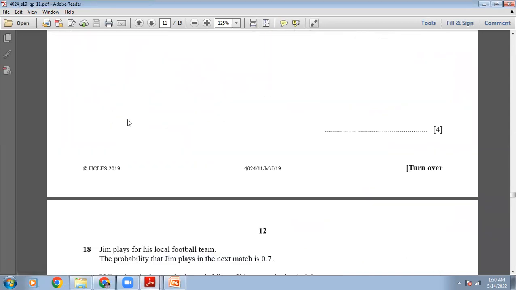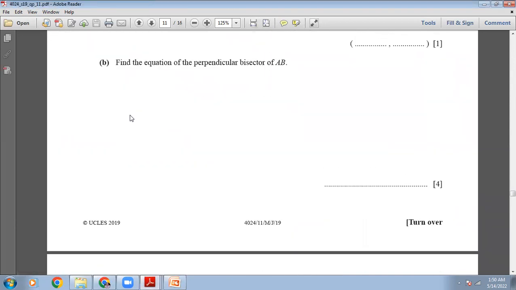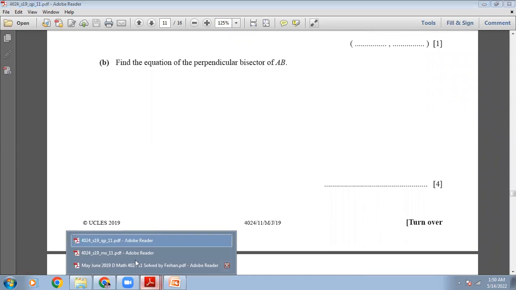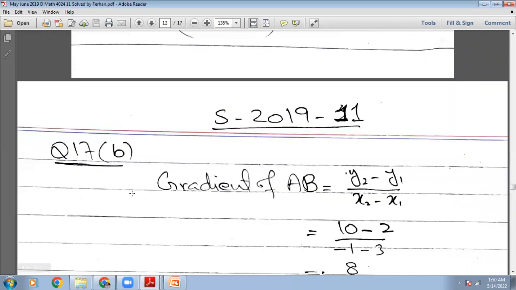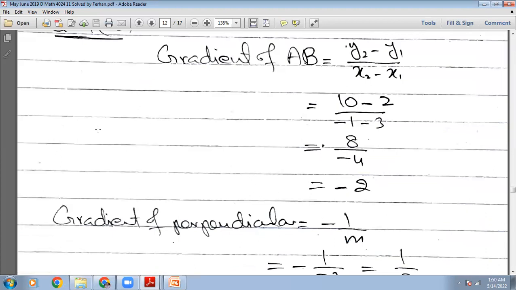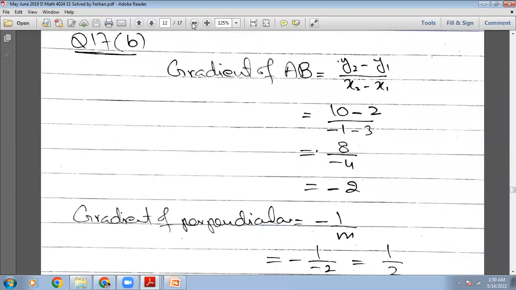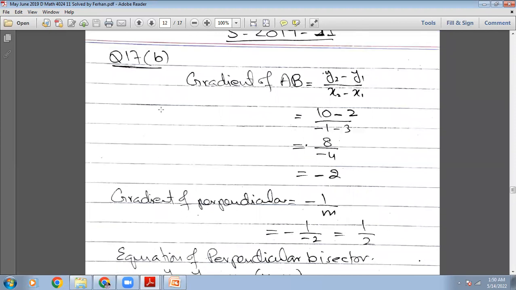Then they say find the equation of the perpendicular bisector of AB. We know the strategy is very simple. We already know the coordinates of the midpoint, and what we will do is find, first of all, the gradient of AB. The gradient of AB will be (y2 minus y1) divided by (x2 minus x1), that is (10 minus 2) divided by (minus 1 minus 3), and it will be 8 divided by minus 4, which is minus 2, the gradient of AB.